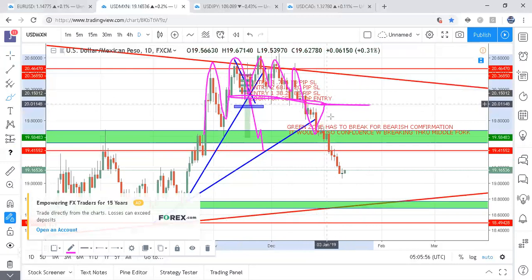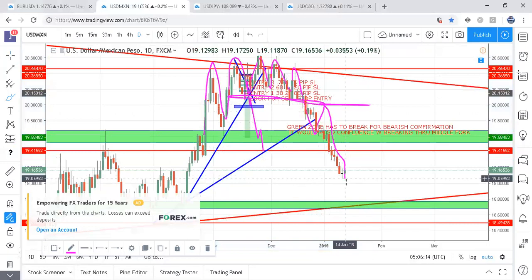Kind of did, but not really. Not how I would have wanted. But either way, you're supposed to be up here. So I do have an entry that I put up here, and boom, down. Exit point here.